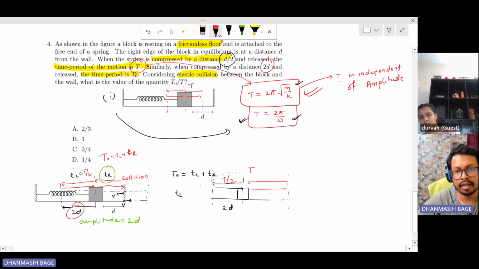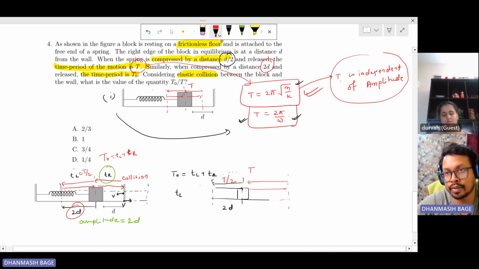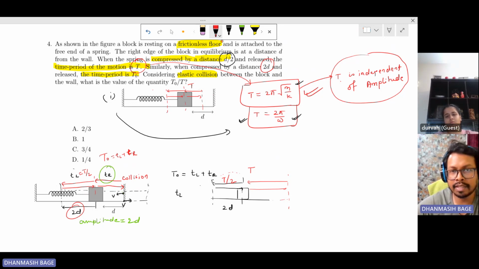We figured out that TL is simply T by 2, because time period does not depend on the amplitude. Even if the amplitude is 2d, the time period will still be T, so for half journey, it will be just T by 2.